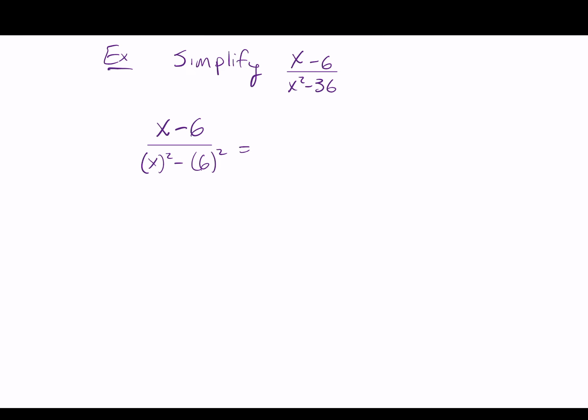So this is equal to x minus 6 all over x plus 6, x minus 6. Then I can cancel the x minus 6's, and I'm left with 1 over x plus 6. And that's my final answer.